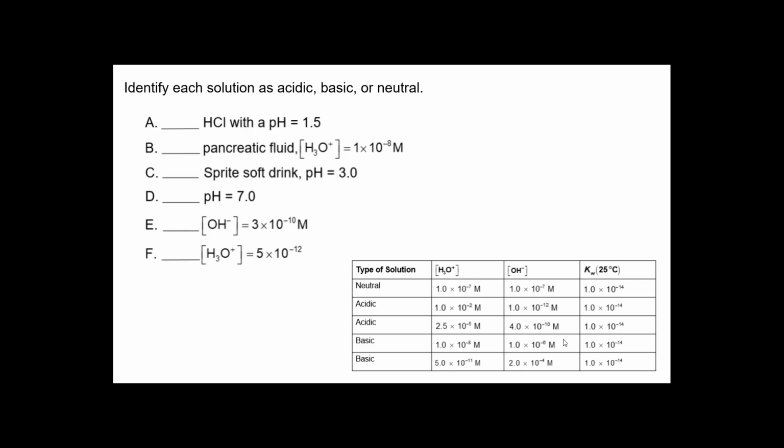B, pancreatic fluid, the concentration is 1.8 times 10 to the negative 8 molar. What do you think it would be? Well, we could look here, and we have something very similar right here. It's basic. Why is it basic? Because we only have out of 14. So if this is 8, this has got to be 6, which means that the hydroxide concentration has a larger value than the hydronium concentration. So it's going to be basic.